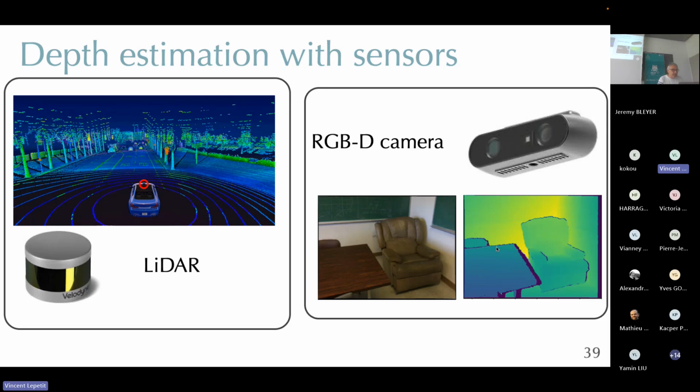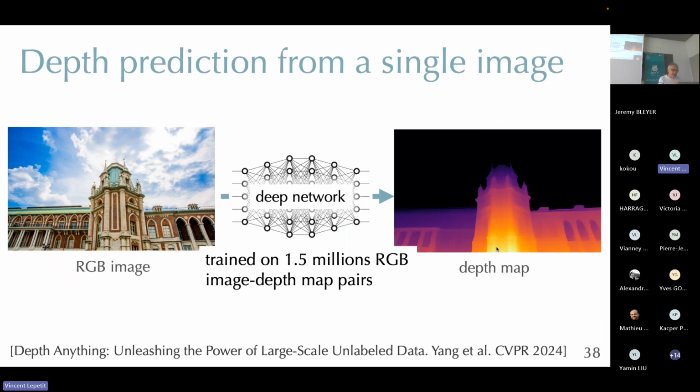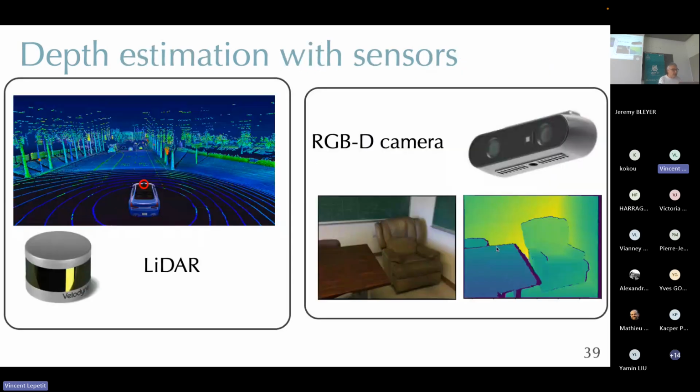Just to say that you can get the same type of data from other sensors. Here it's a camera plus a deep network. You probably know that there are LiDARs that do something similar. There is also something called an RGBD camera that captures images and gives you a depth map, but these sensors are active sensors, in the sense that a LiDAR, for example, sends a laser to get the depth.